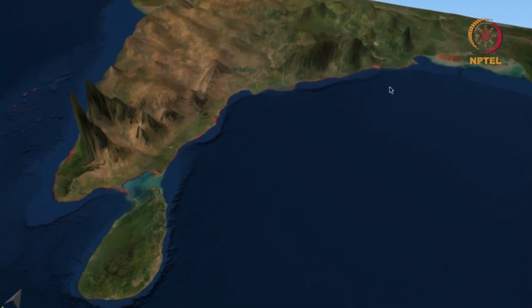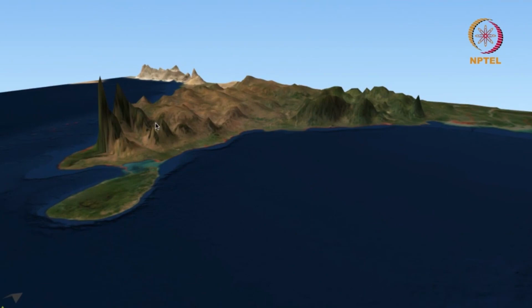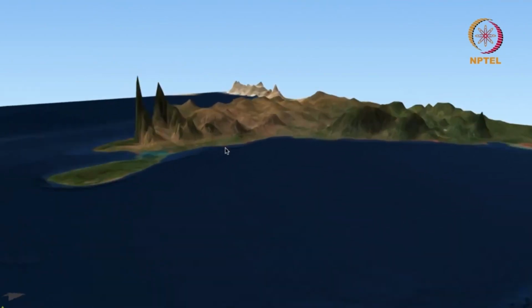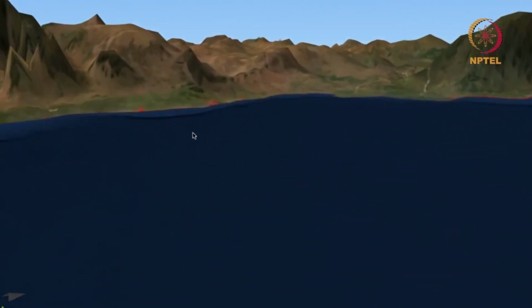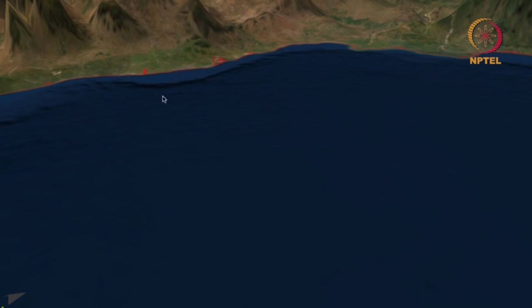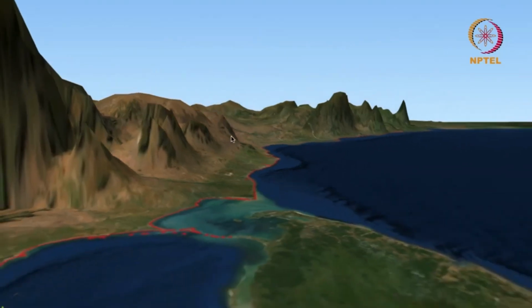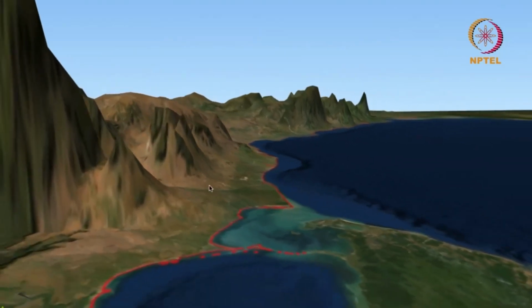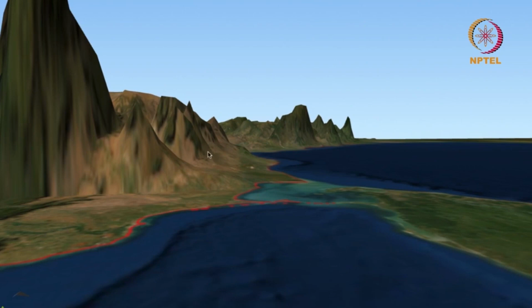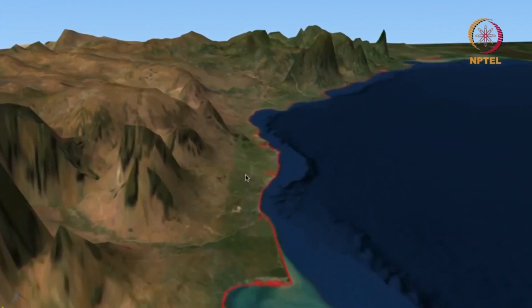So we do not have a large number of ups and downs in these areas. They are pretty flat, like this. So unlike the Eastern and the Western Ghats, which are very high, these areas are more or less flat.